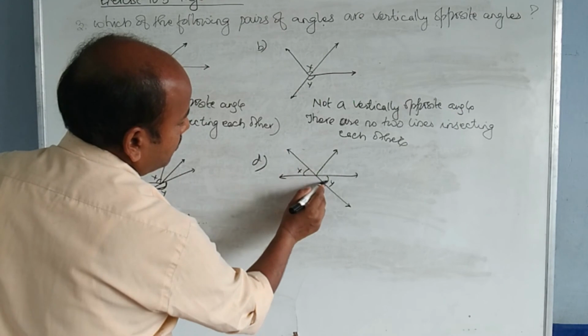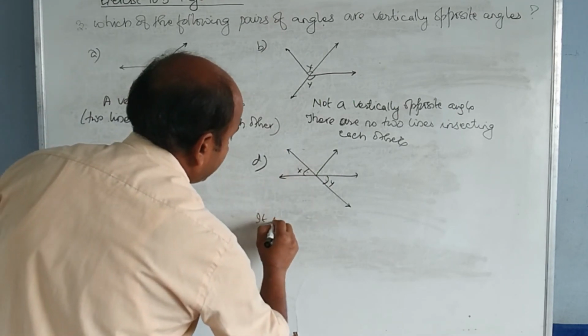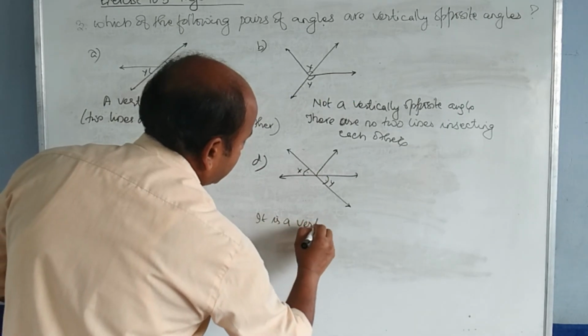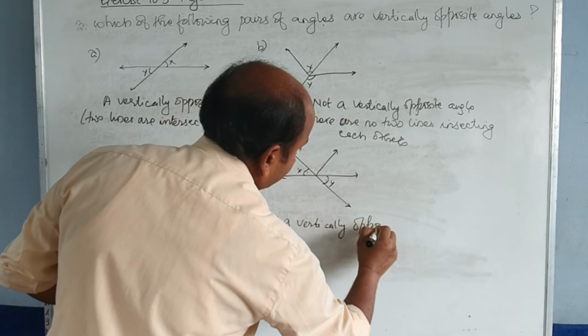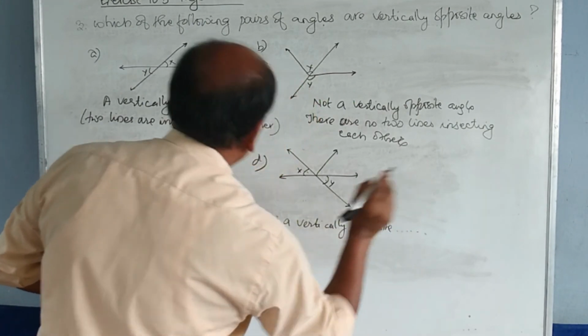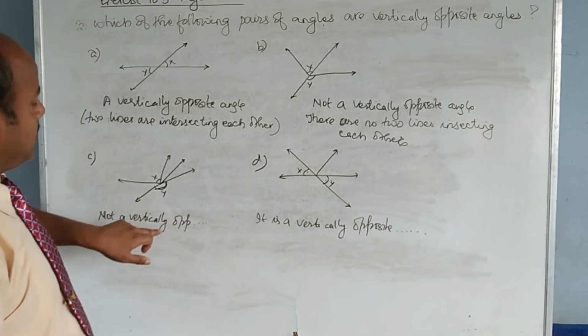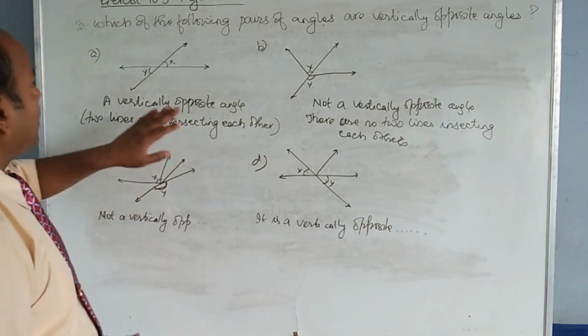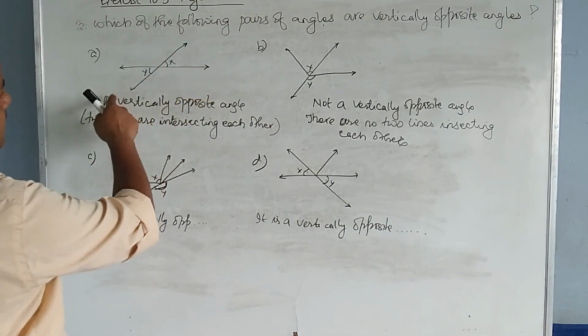Now number 2, one line here, another line intersecting. So these two are vertically opposite angles for this reason. You copy this one from here and complete this one from here. So only A and D are vertically opposite angles because there are two lines intersecting each other.